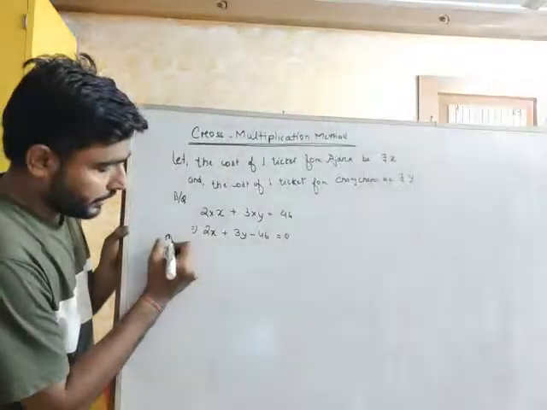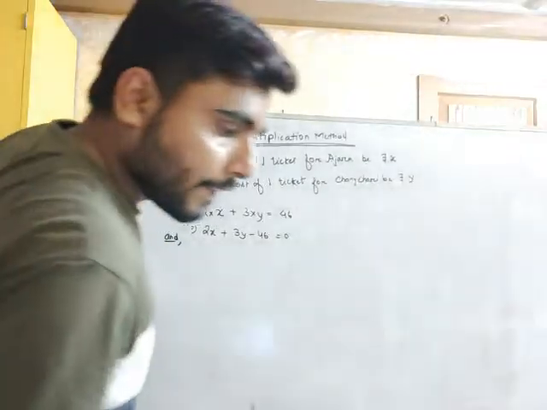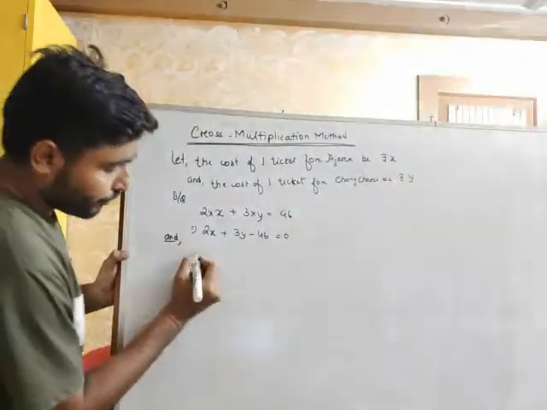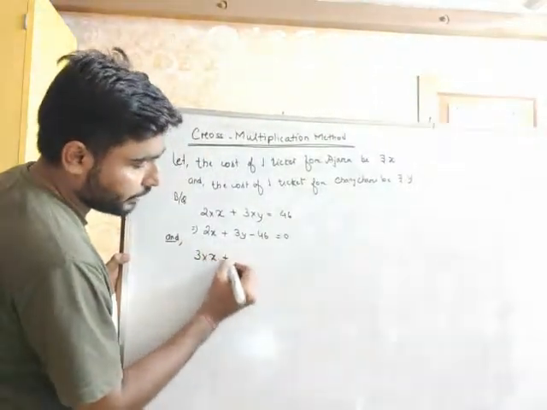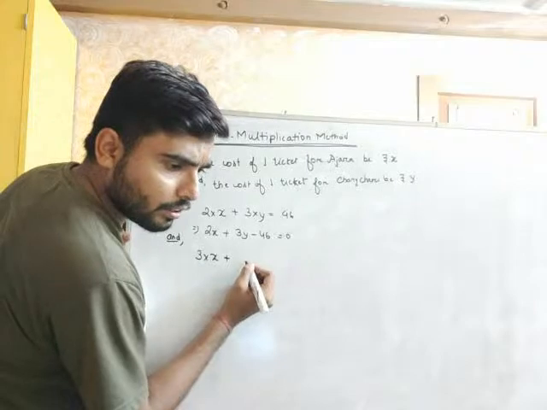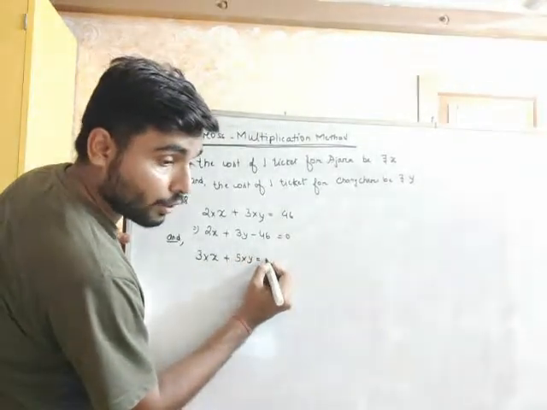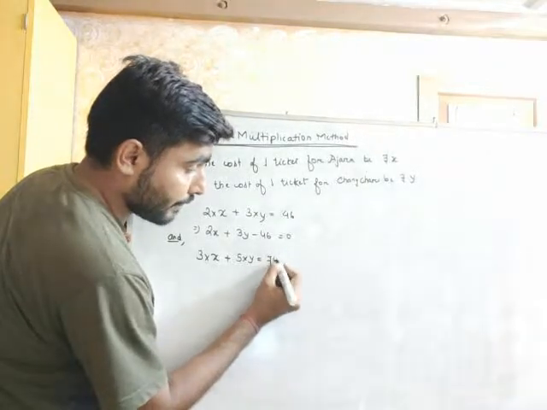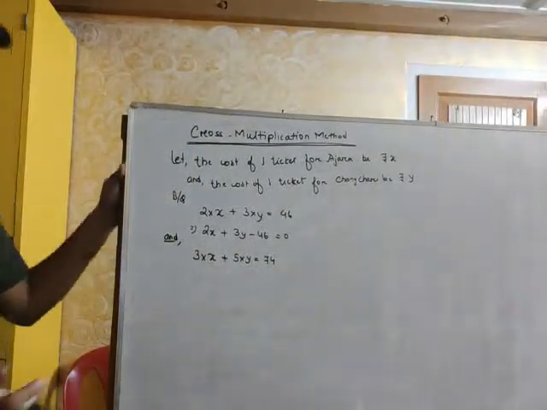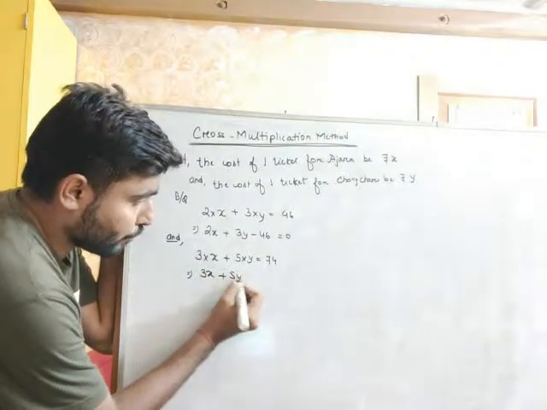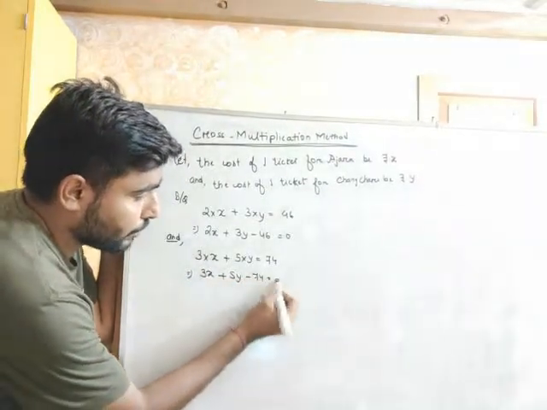What is the next condition? If we buy three tickets to Ajara, the cost will be 3 into x plus the cost of five tickets to Changsari, and the total is 74. Clear? So now 3x plus 5y minus 74 is equal to 0.